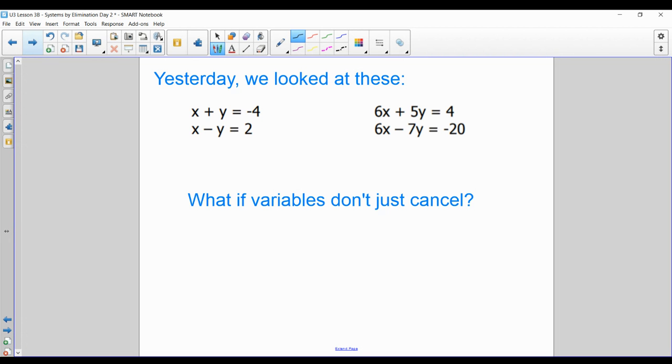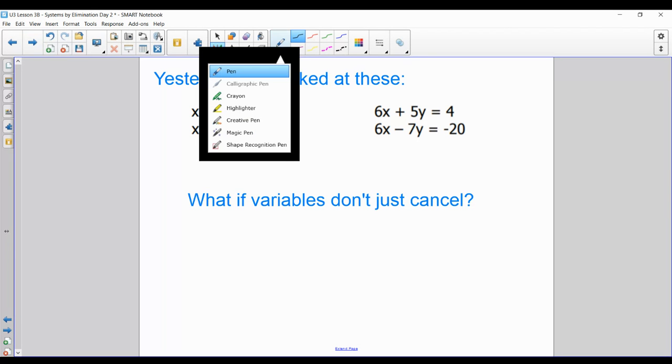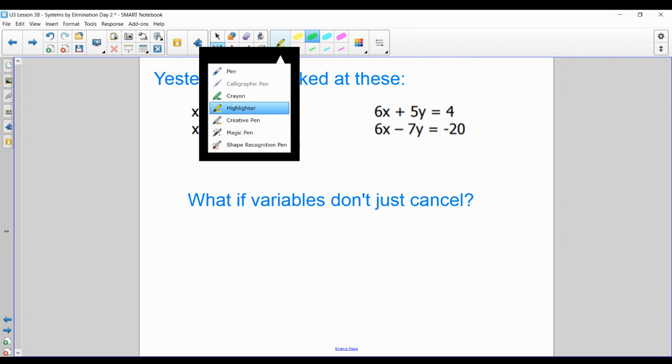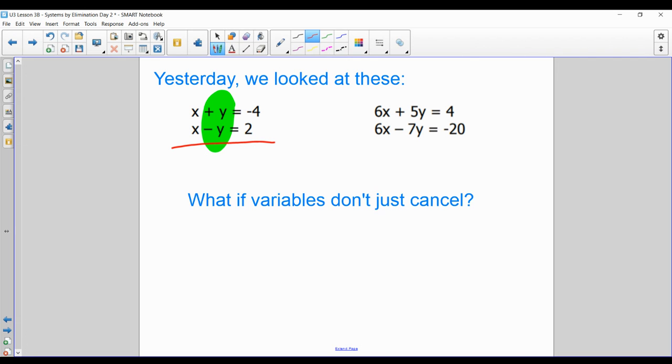Yesterday we looked at these and we said sometimes we have a really nice problem where the variables are set up so that when I add the 2 equations together, those y's cancel out, and we're left with just 2x equals -2 here.